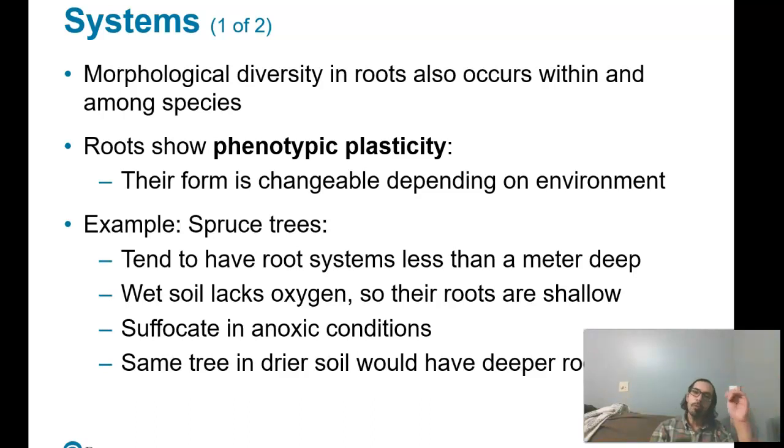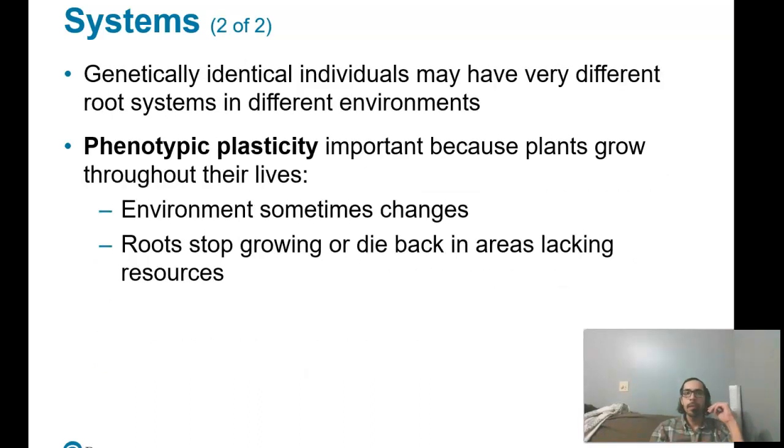But if you grow that same tree in a drier soil, then it would have a deeper root system. So you can see that genetically identical individuals will have very different root systems in different environments.